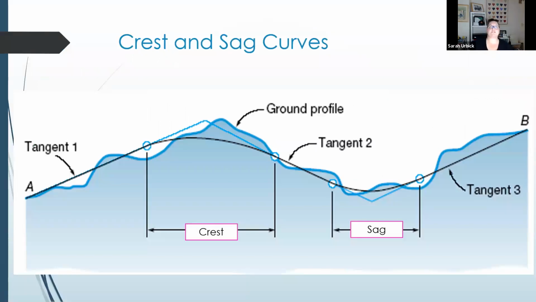there's different types of curves to talk about. So I took that same image. When it goes up and then back down, that is a crest. That's a type 1 crest. If it goes down and back up, it is a type 3 sag. Crest, sag, okay? Now, the difference is there are 2 more types of curves.